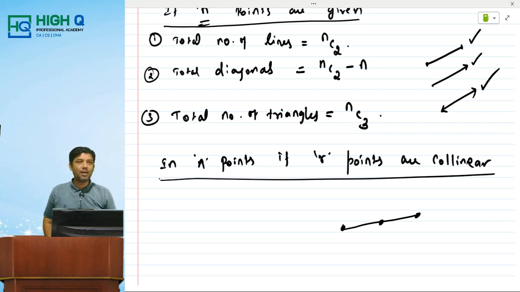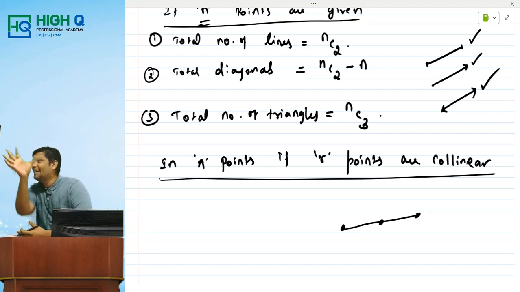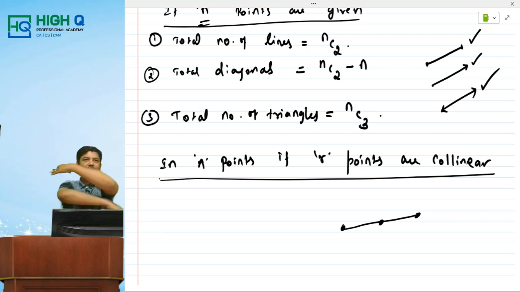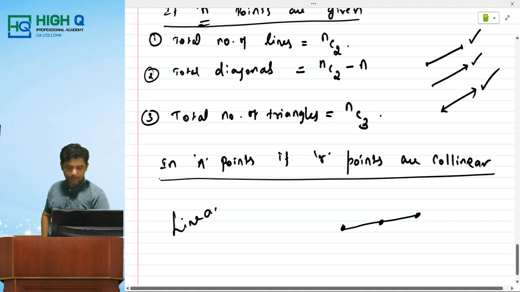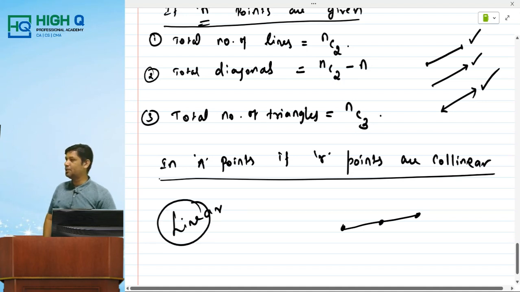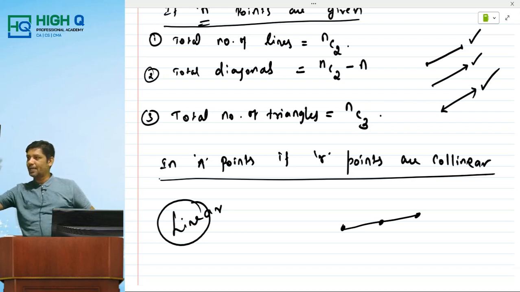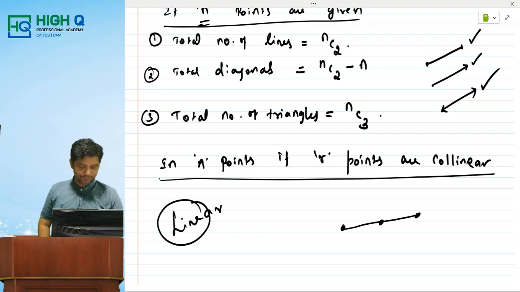Linear means line. Collinear means all the points lie on the same straight line.